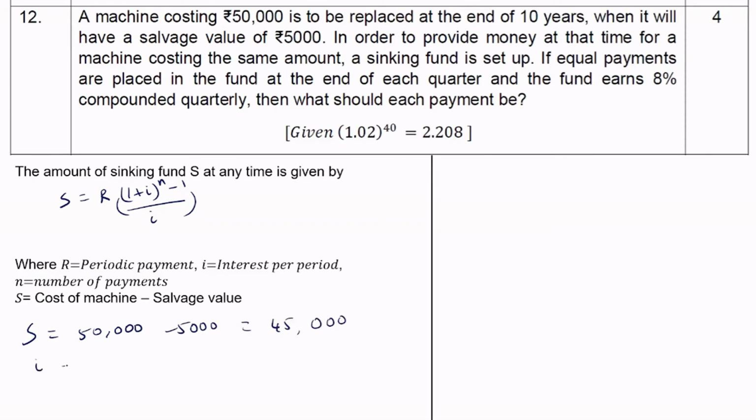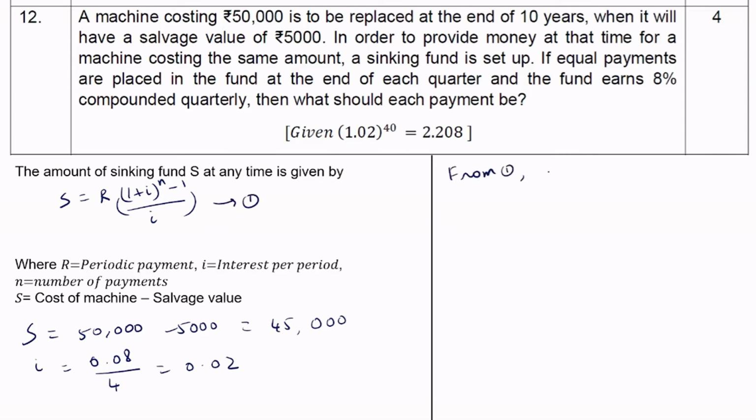And then I, here it is given 8% compounded quarterly. So I is 8%, which is 0.08 divided by 4, it is 0.02. Now we need to find R. Let us take this as 1.